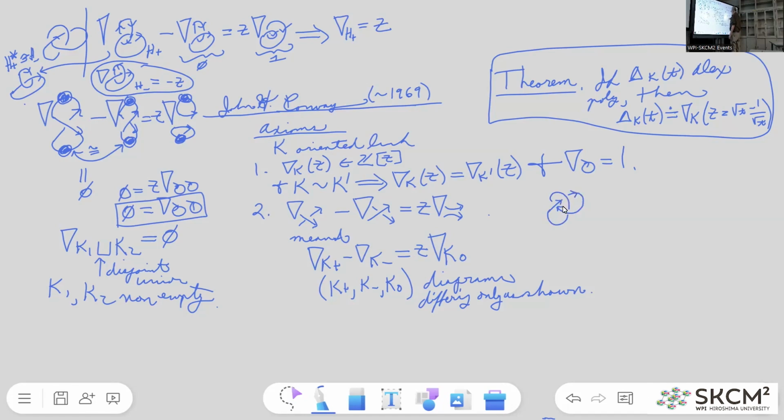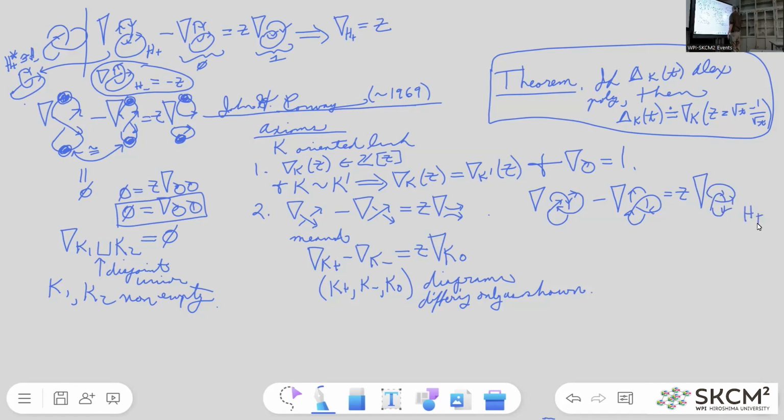So here's a positive trefoil knot. And I can switch that crossing right there. And it becomes unknotted, of course, that's good. And then that's equal to Z times the result of smoothing the crossing. And as you see, I get a positive Hopf link.